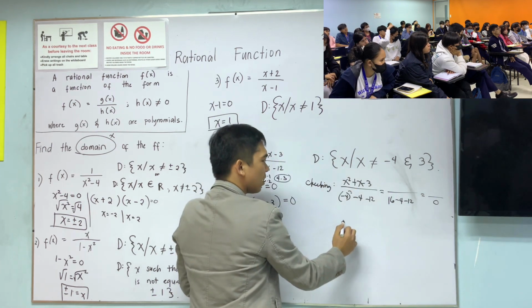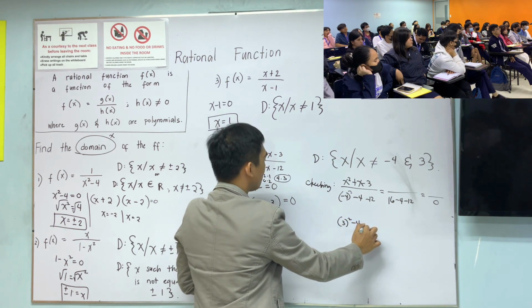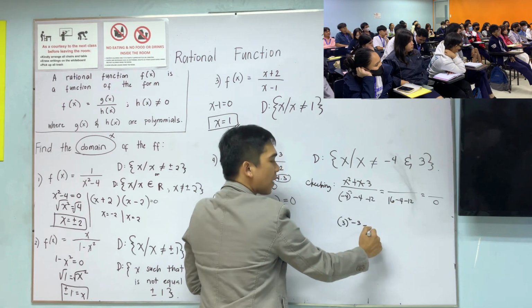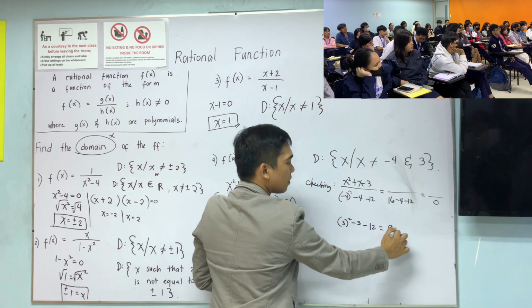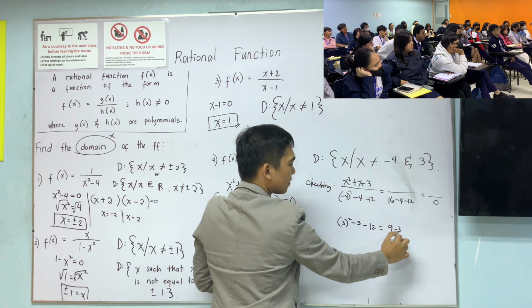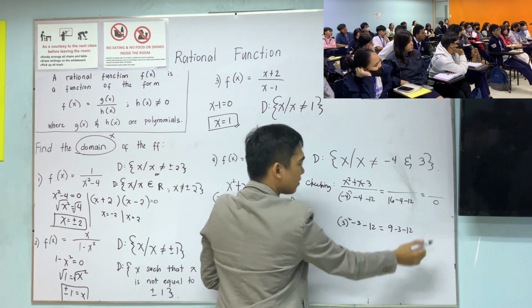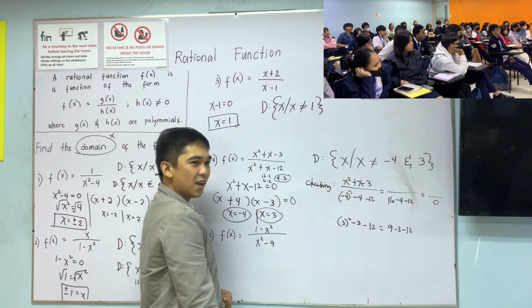How about si 3? So, magiging 3 squared minus 3 minus 12. Para may mali.